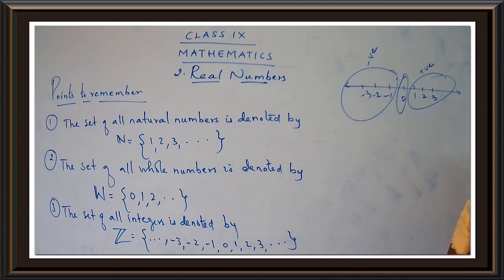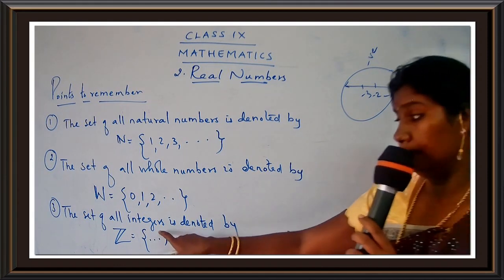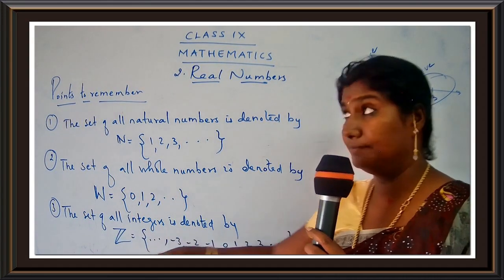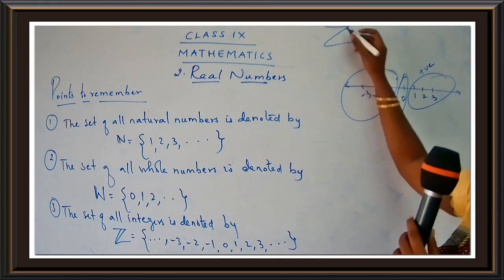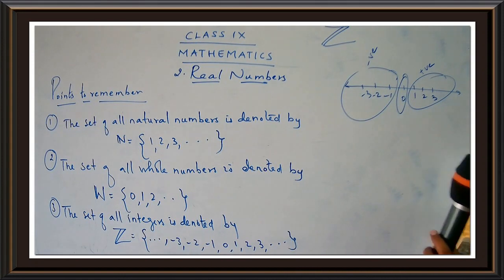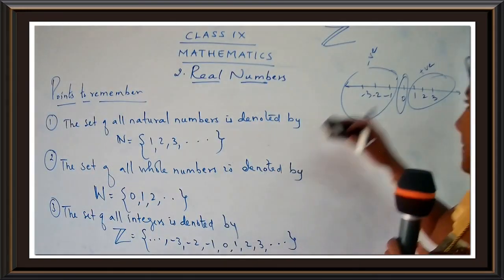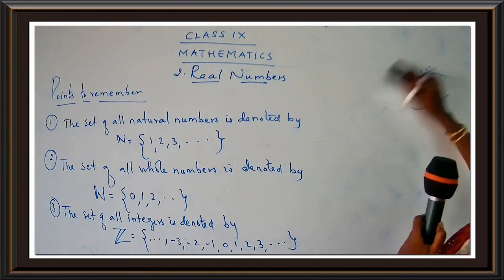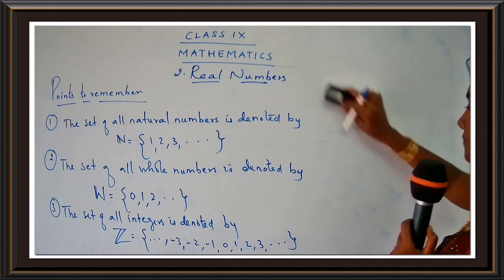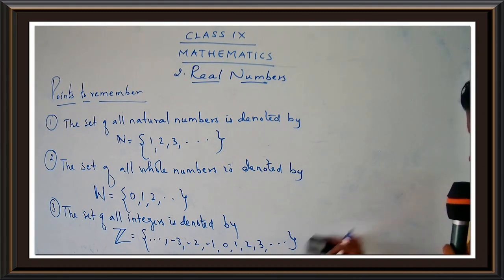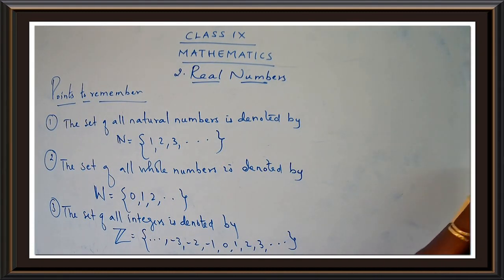This is the set of integers, and integers is denoted by Z. Put a Z and draw one line over here, Z. Okay, have you taken on the point, children? Just take on the point for integers. Fourth one.